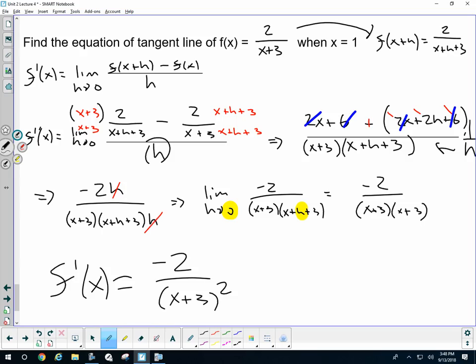You got -2 over x plus 3 squared. You're looking at 1. You got -1/8 as your slope. You plug in 1 and you get a half. So make sure you're looking at just that guy. This guy is tangent to that guy.